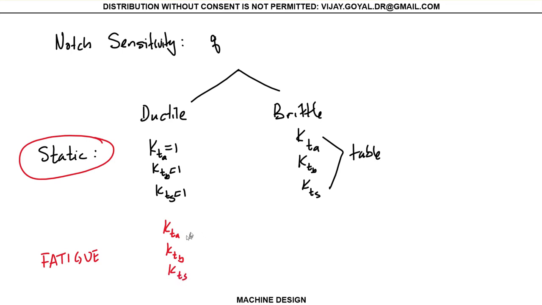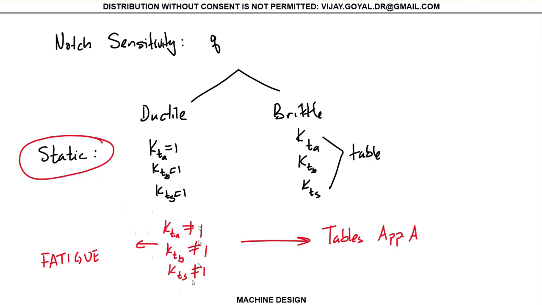It is not equal to 1, and this applies in ductile materials and in brittle. You will use tables for this, the same tables from appendix A, and using those tables, you can find your stress concentration factors.